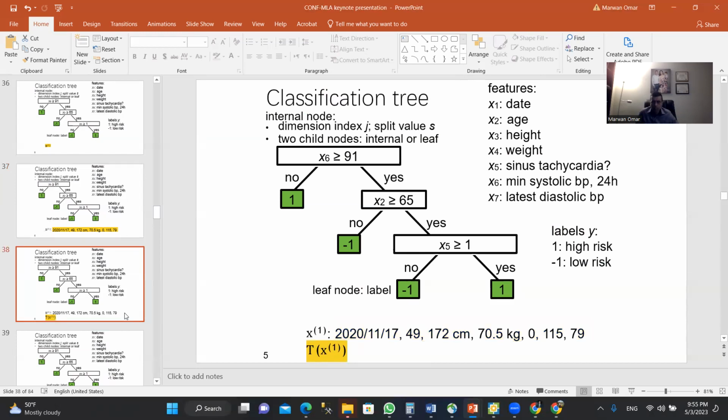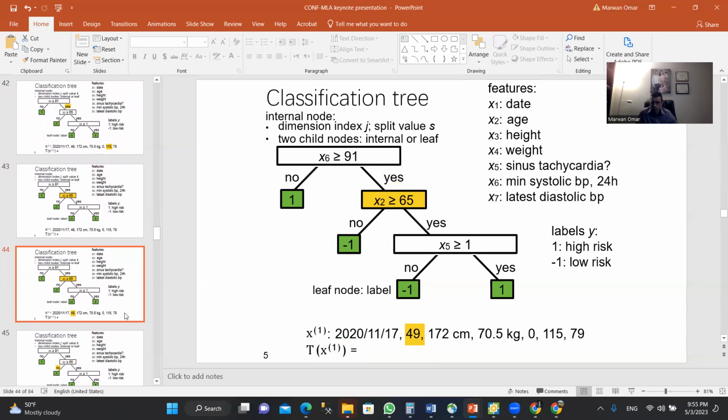So we have the tree. Is X6 greater than or equal to 91? It's actually 115, so the answer is no. If the answer is yes, then we are going to check X2. Is it greater than or equal to 65?